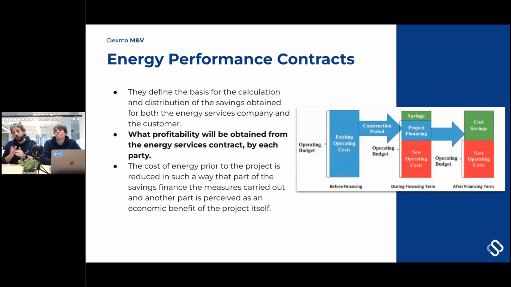And once all these measures have been paid, then the whole savings would be shared, let's say, okay. And the way you define the contract with your customer will affect, of course, which part you get. Okay, so at the end, these projects are defined to help you create and clarify your business. Okay, and measurement and verification is key for this.